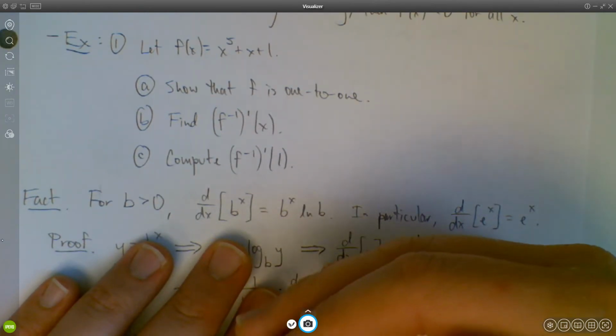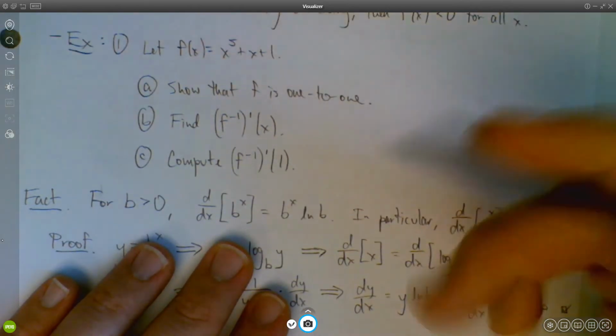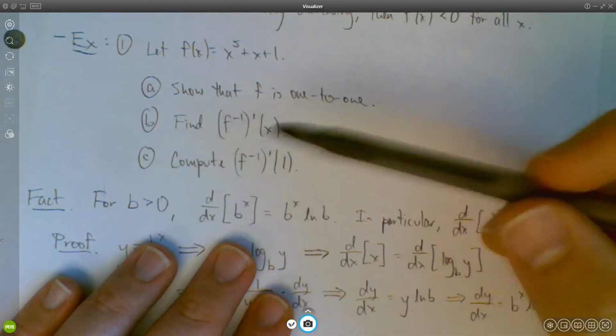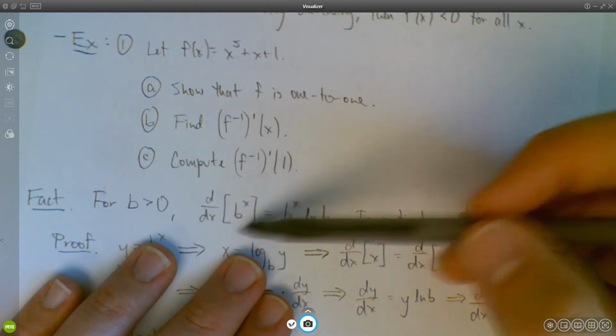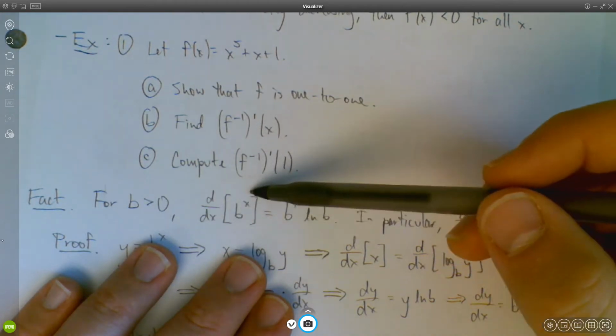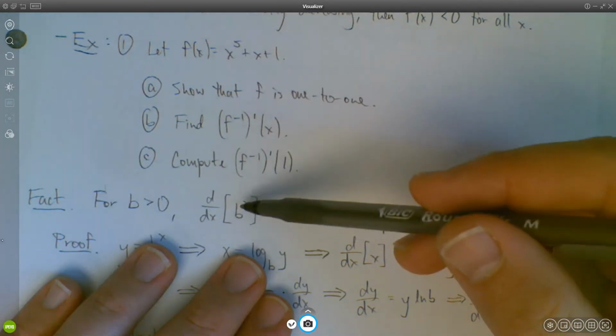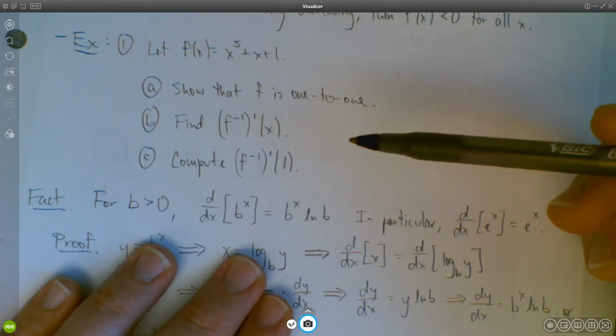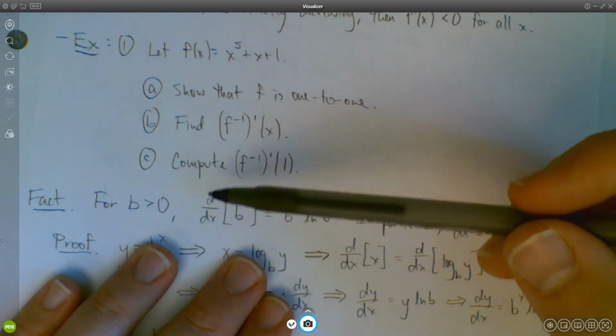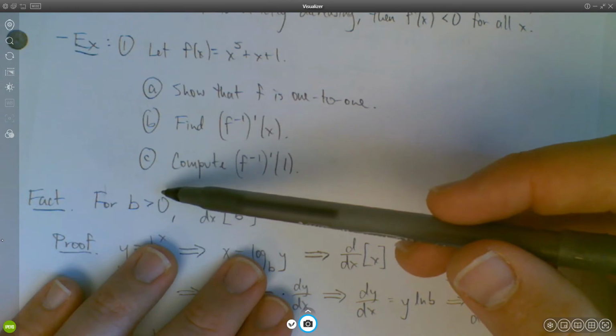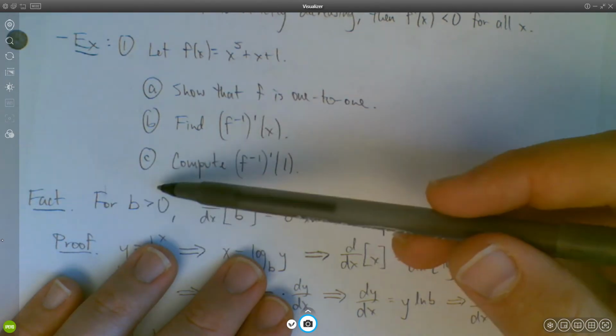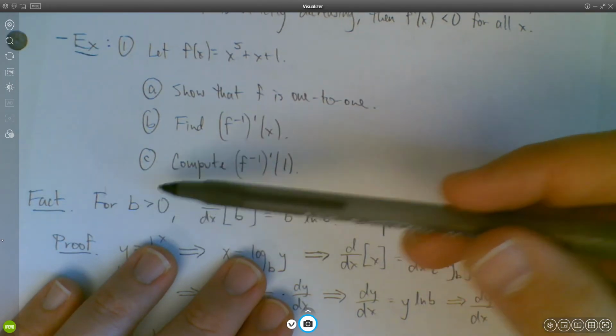Well, because if b equals 0, then this is just identically 0, right? 0 to the x power is just going to be 0, except when x equals 0 itself, and then you have some weird things happening. But anyway, we don't want b to equal 0 because that's just not interesting.